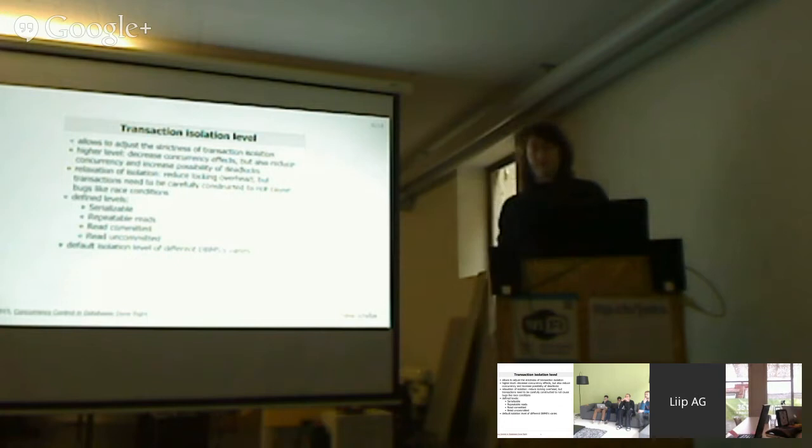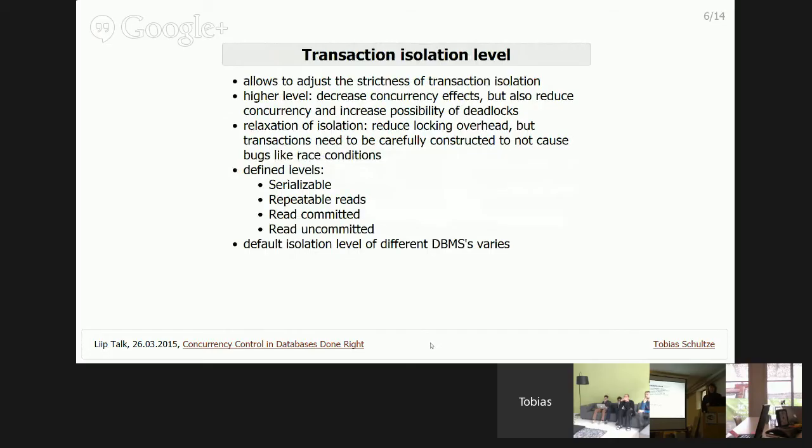Databases also provide a so-called transaction isolation level. This allows you to adjust the strictness of transaction isolation. So basically, you can adjust how strict an isolation you actually want for this transaction. There are 4 different levels: serializable, repeatable read, read committed, and read uncommitted.